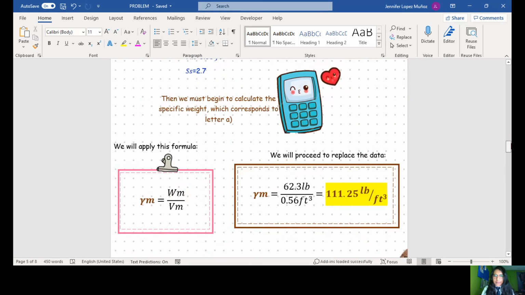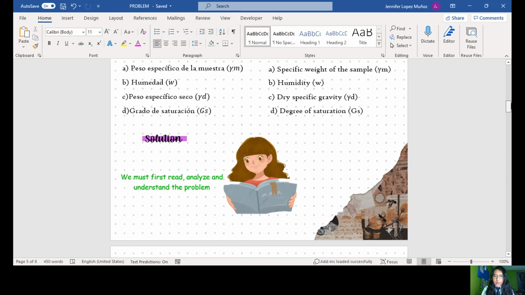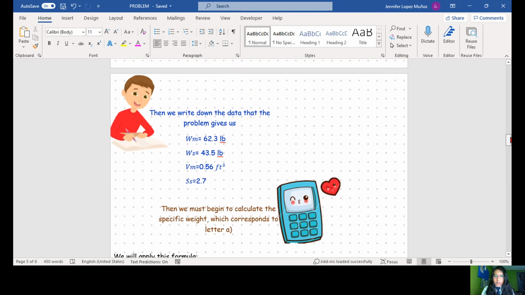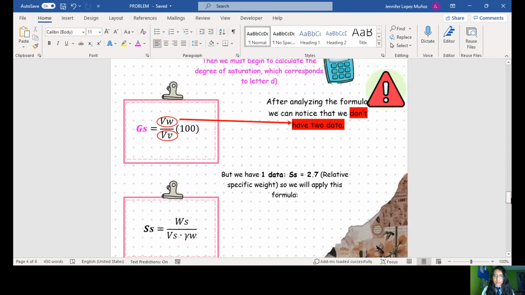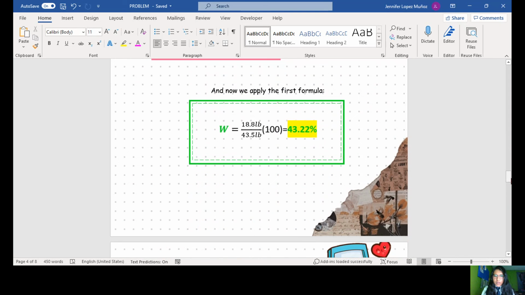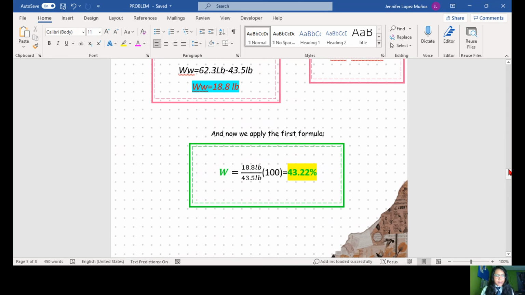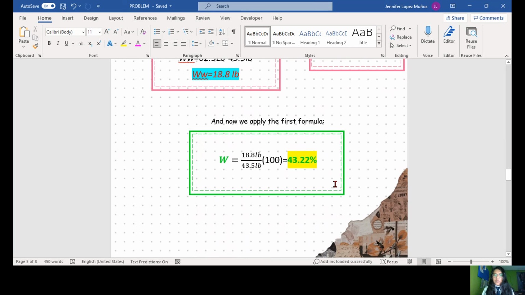The solid weight the problem gives is 43.5 pounds, times 100, equals 43.22%.